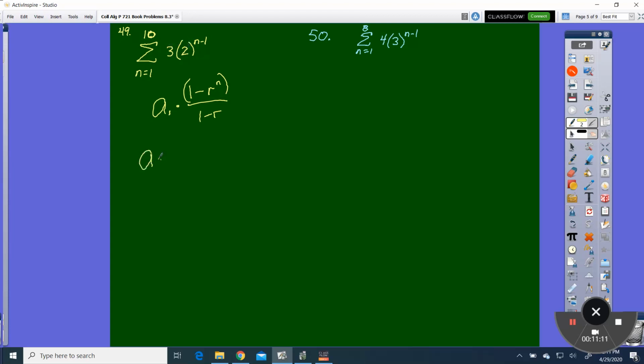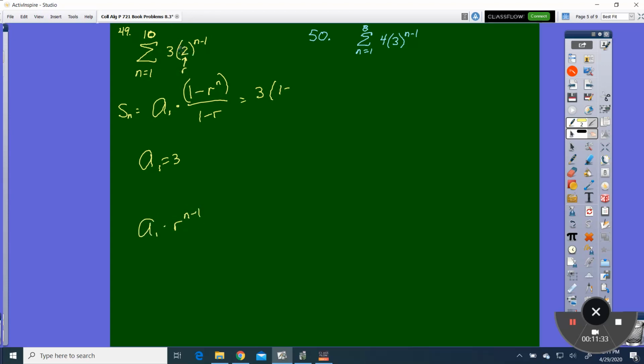So the first term is 3. So I'd replace that with a 3. So I'd have 3 times 1 minus my r. This is always the r that's inside of here. Remember in our formula we said it's A1 times r to the n minus 1.